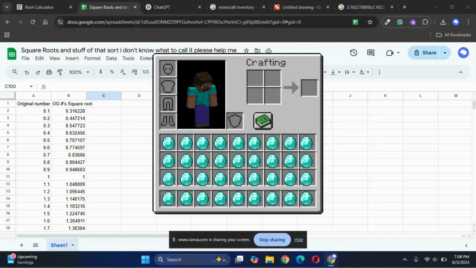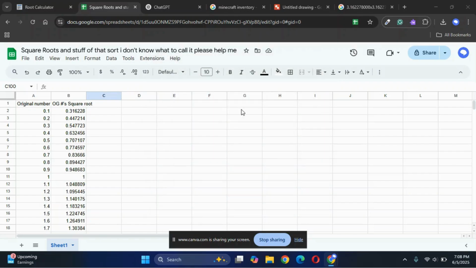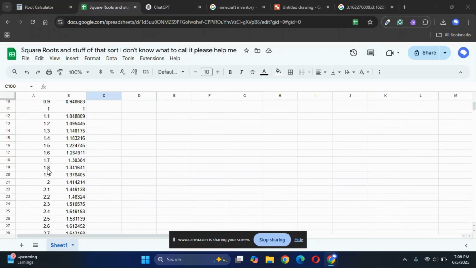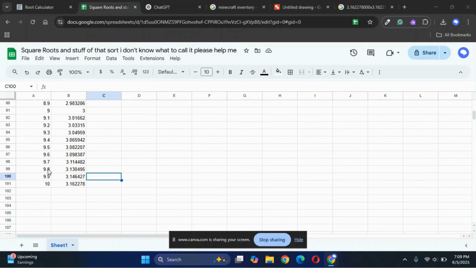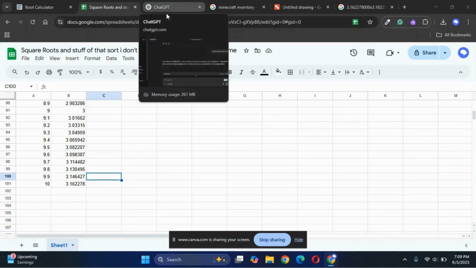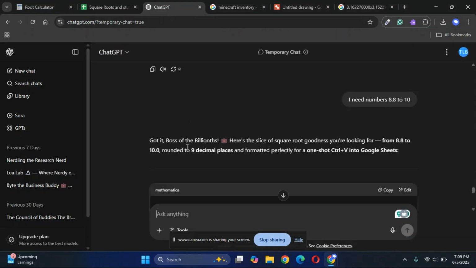So I kind of did a bit of off-camera mining, and I got all the numbers up till 10. Hooray! And yes, as you can see here, my brain was way too small, so I used ChatGPT.